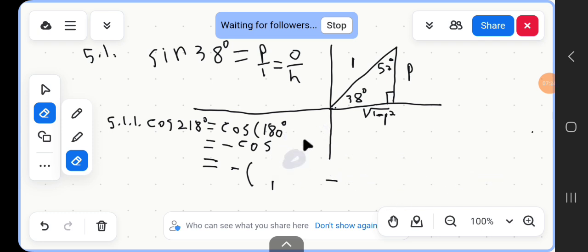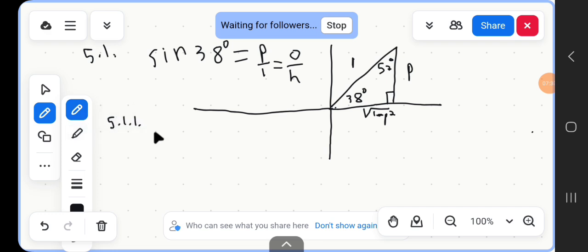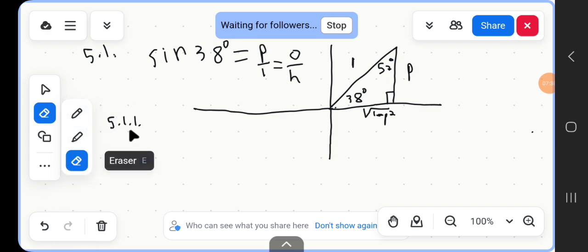In 5.1.2, it's a bit interesting, because it's showing a smaller angle. What I was teaching is that we strive to reduce a bigger angle into a smaller angle, but now we already have a smaller angle. You're probably asking yourself, what do I do in this situation?